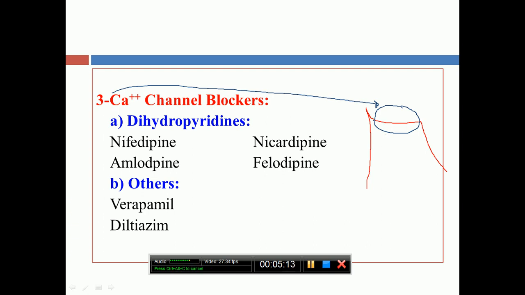So this is the phase of extended depolarization. This is the depolarization, and this is due to sodium here, but this is due to calcium. So if you block this, you can shorten this and you can decrease the contractility. So we have dihydropyridines: nicardipine, felodipine, amlodipine, nifedipine. Then we have others like verapamil and diltiazem.